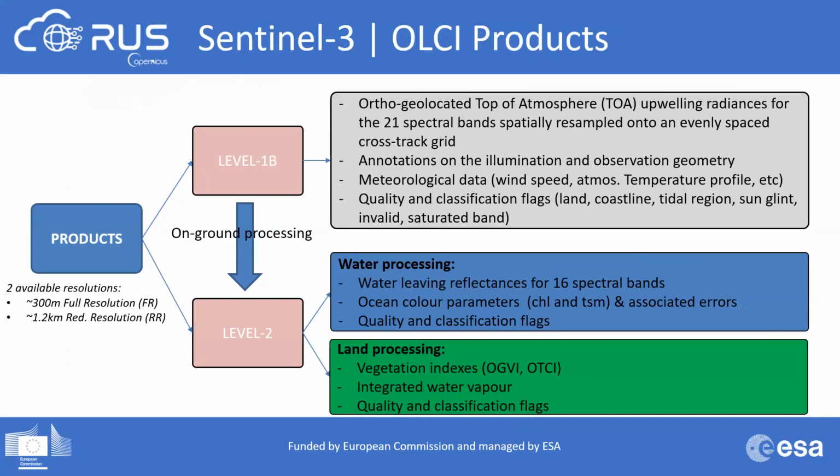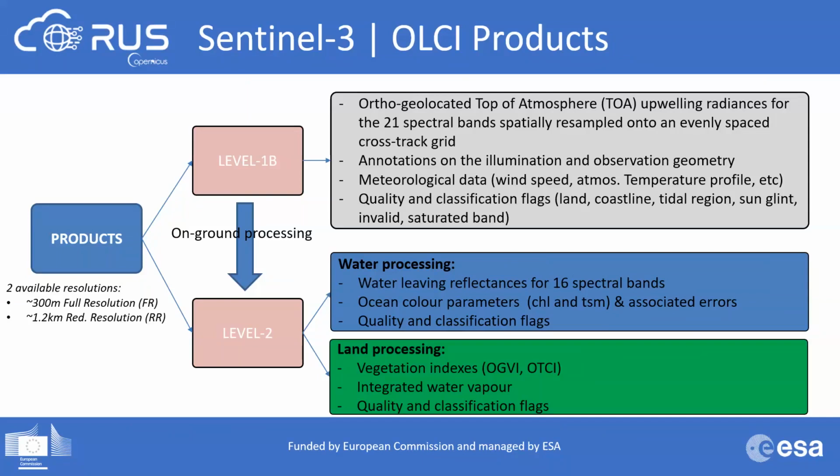Those products also contain annotations on the illumination and observation geometry, as well as meteorological data such as wind speed, atmospheric temperature profile, and quality and classification flags to give contextual elements around the measure, such as whether the measurement was collected over land or over the ocean, where are the coastlines, if we are in a tidal region, if the pixel was affected by sun glint or if one of the spectral channels was saturated when collecting the measurement.